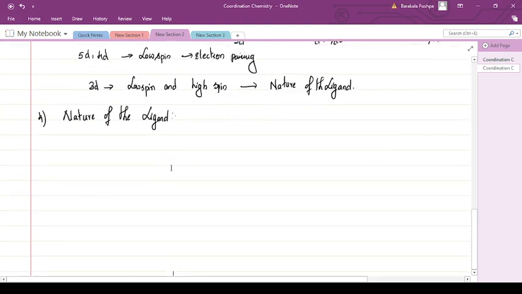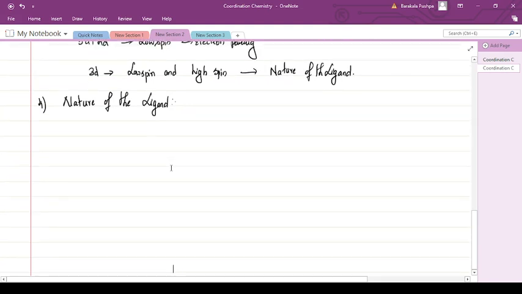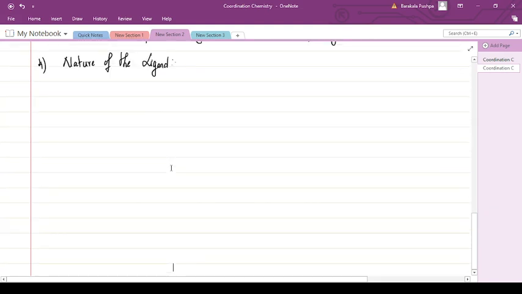The ligands having less splitting ability, less d orbital splitting, are called weak field ligands.